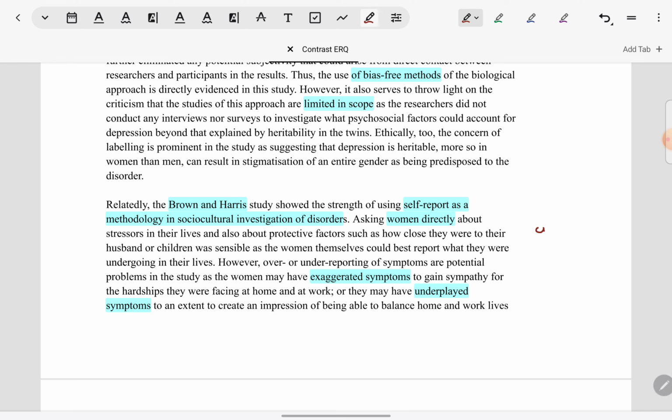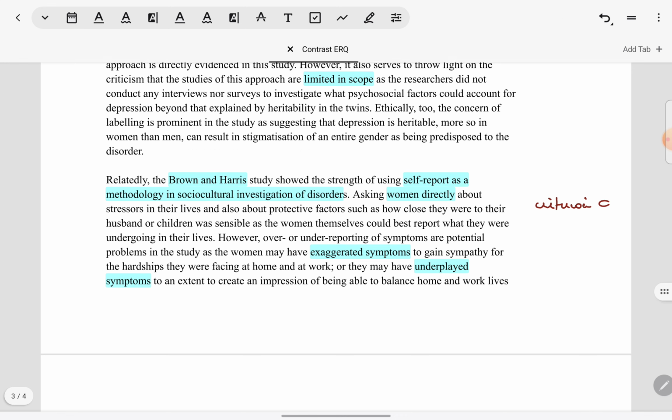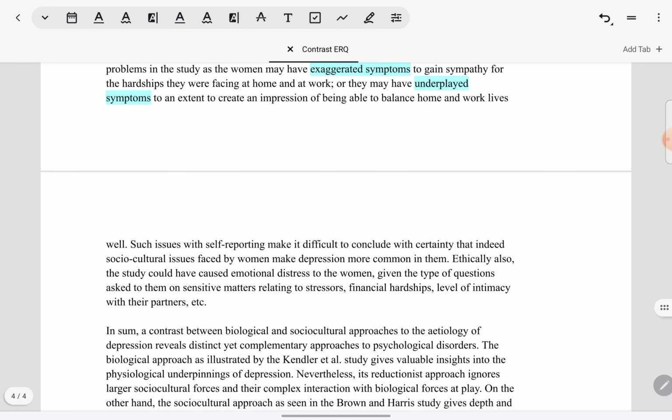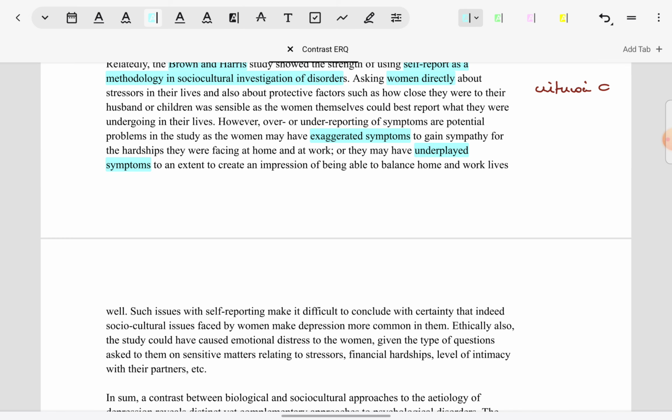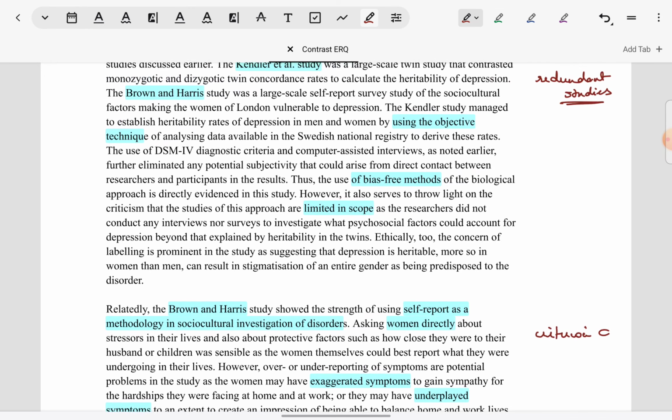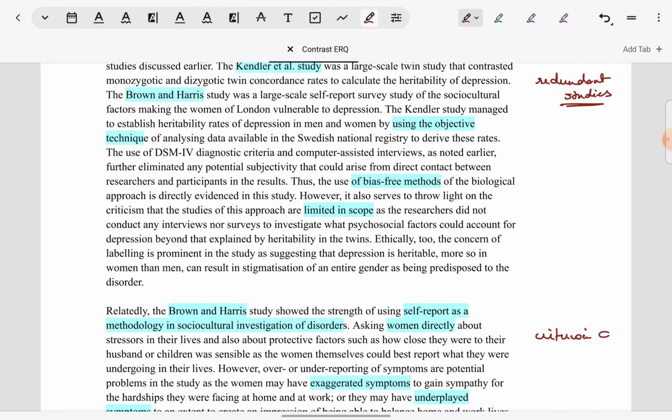So this goes to serve Criterion C because it effectively uses research studies to support the arguments which have been made. The same studies but different descriptions according to the arguments made. So that shows the use of studies effectively or relevantly.